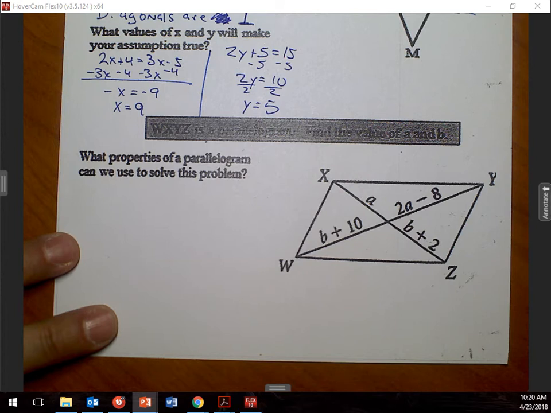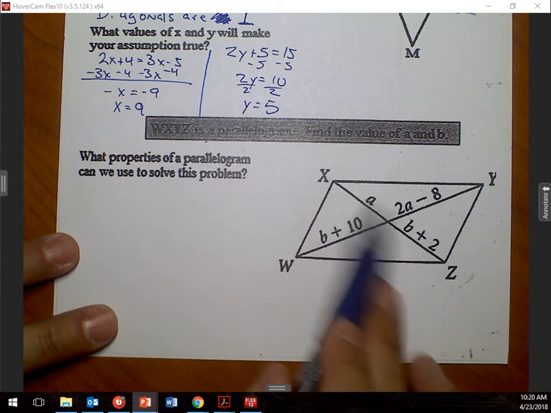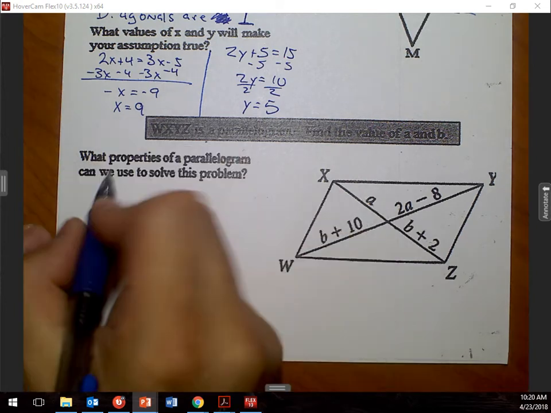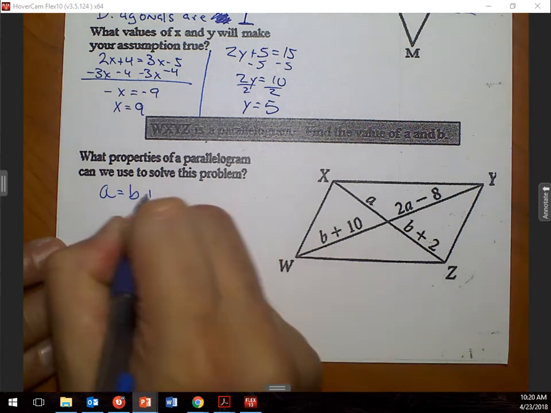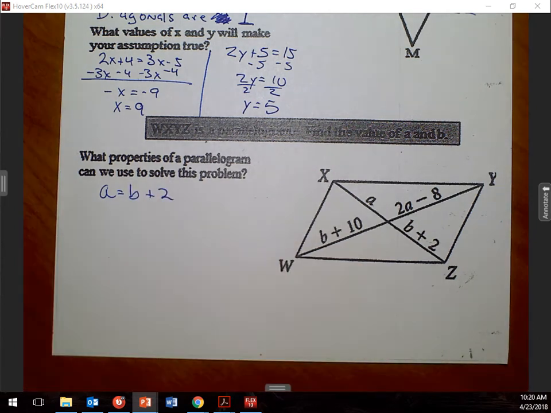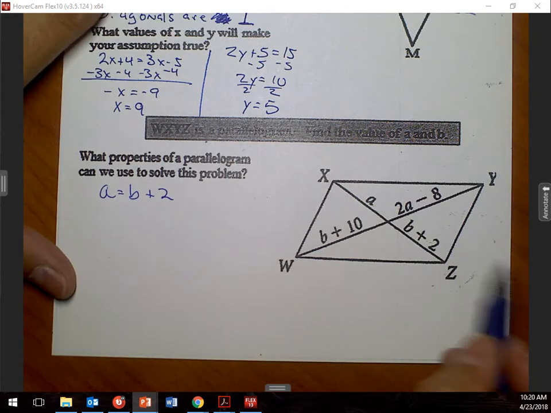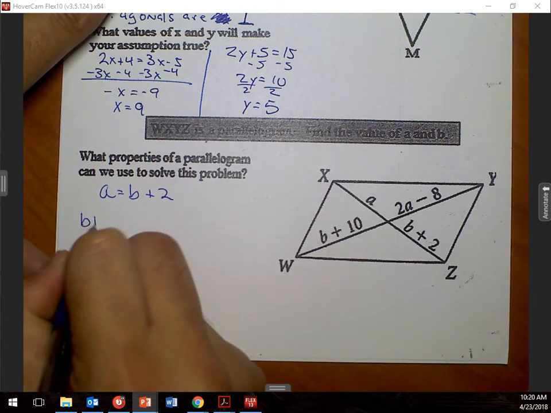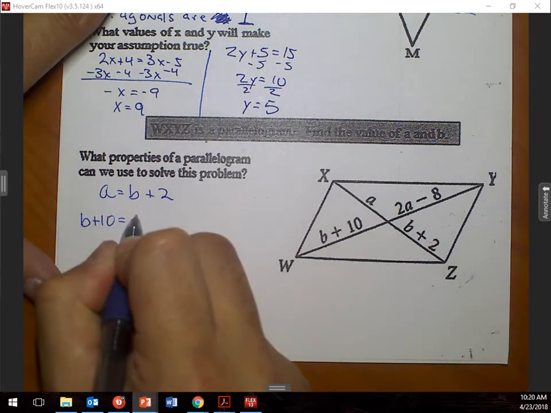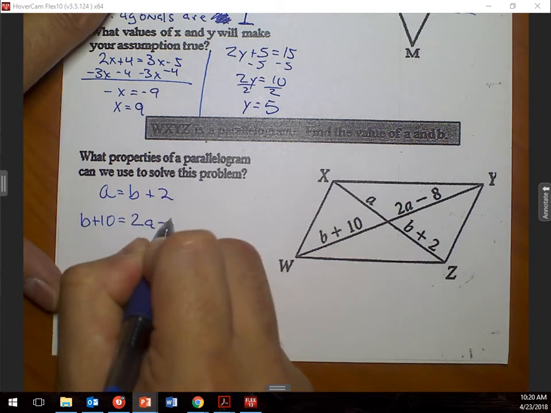So now, to do this, I know that a is equal to b plus 2. Okay. What else do I know? b plus 10 is equal to 2a minus 8.